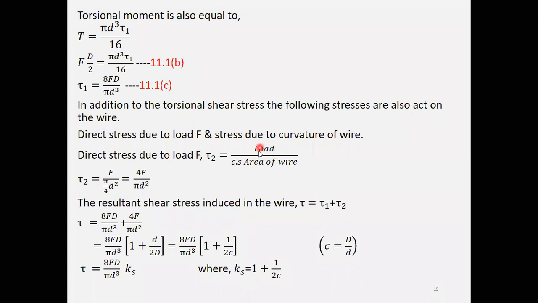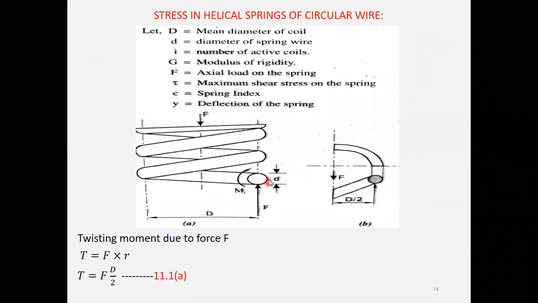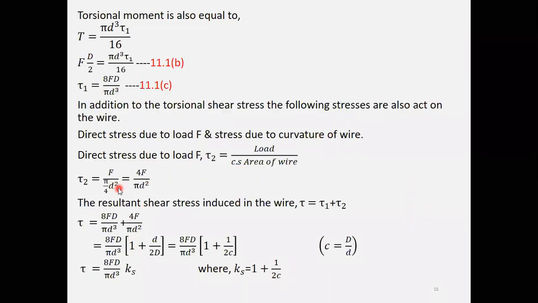The load applied is F, so substitute F divided by the cross-sectional area of the wire. The cross-sectional area of this wire is pi by 4 d square. Substitute pi by 4 d square and take the 4 to the numerator. It will be 4F divided by pi d square.